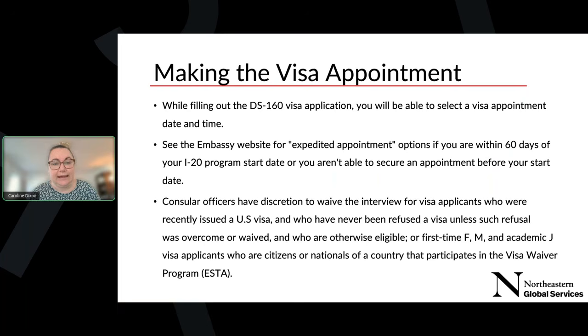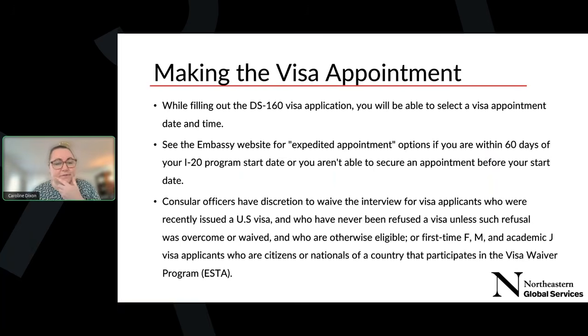So if it's already July and you're trying to get a visa interview then, and there's nothing available before the start of school in September, you can look into options of getting an expedited appointment so that they give you an appointment before school starts.